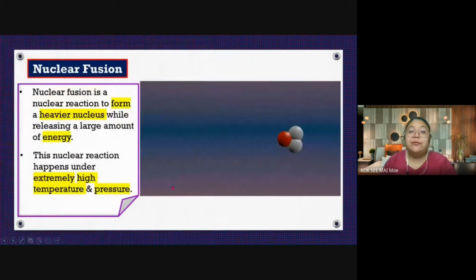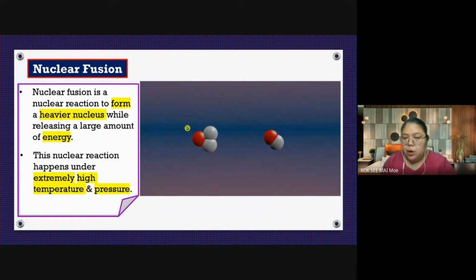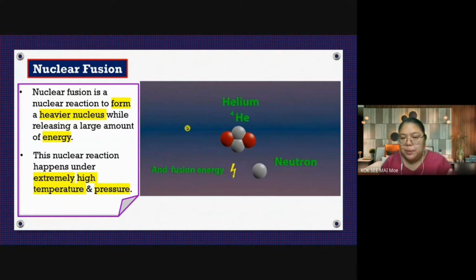Okay, now we're going to see fusion. What's the difference between fission and fusion? Okay, you can see the fusion: 2 lighter nuclei, this one is 2 and this one is 3, tritium and deuterium. After that, they combine. Combined, they become a bigger one, they become helium. Okay, after that it produces energy and also a neutron.